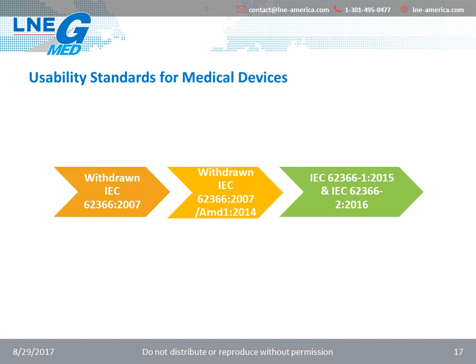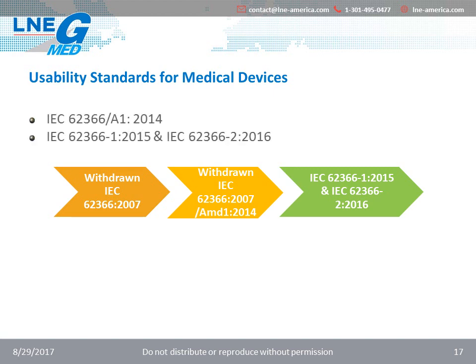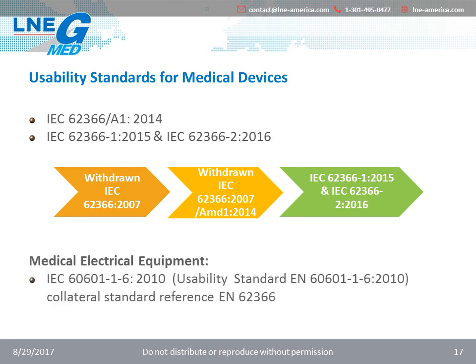However, IEC 62366-2007 has been amended on 2014. The amended version has been revised on 2015 as IEC 62366-1 or Part 1 and on 2016 as -2 or Part 2. For medical electrical equipment, there is also the collateral standard, which is harmonized as well, IEC EN 60601-1-6, 2010.